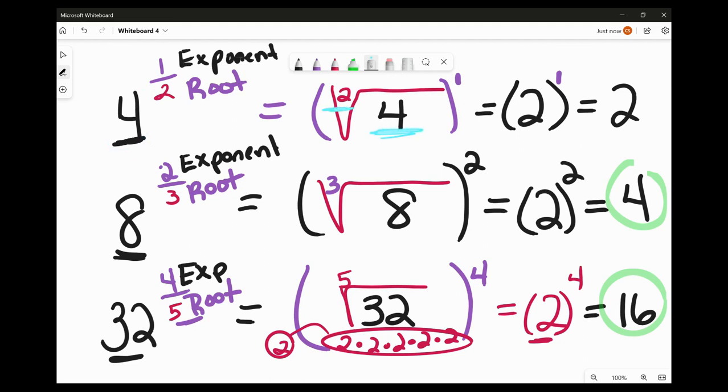I'm trying to find the second root of 4, the third root of 8, or the fifth root of 32. So what number multiplied 5 times gives me 32? What number 3 times gives me 8? What number multiplied 2 times gives me 4? Once I've done that, I can do the exponent on the outside to get my final answer. And that's how we would do a rational exponent.